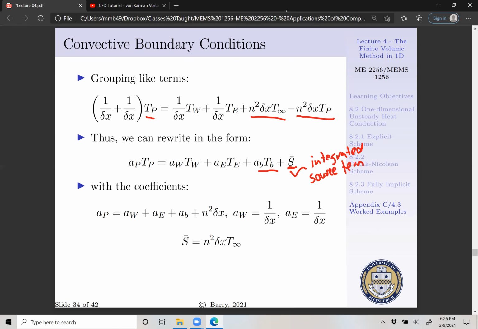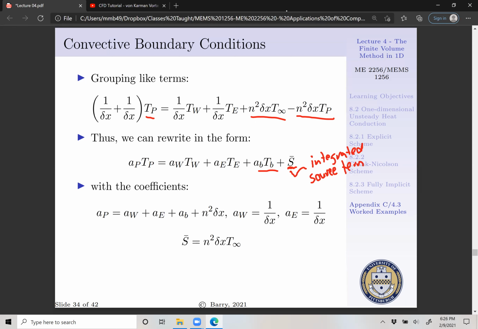Now, in this particular situation, what we did was really took our area dependence out. So A west, which we typically defined as area times our diffusivity, now just becomes 1 per delta x. A east, which was our area times our diffusivity per delta x, is just 1 per delta x. So that remains relatively unchanged.